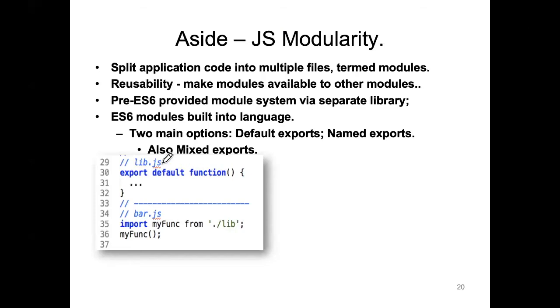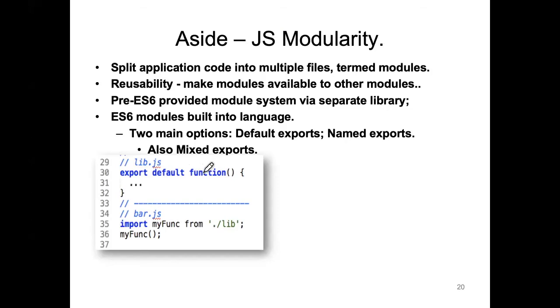So let's suppose I've got a JavaScript file here and it defines, I'm not talking about React anymore, I'm just talking about plain JavaScript, a function, and I know this function will be used by other modules in my application. So what I can do is export the function, making it what I'm calling the default export.